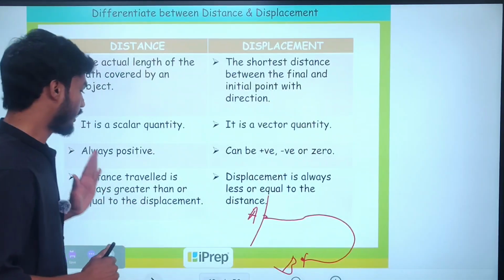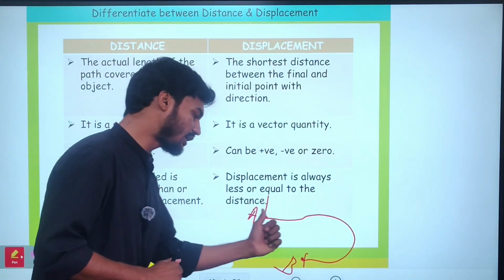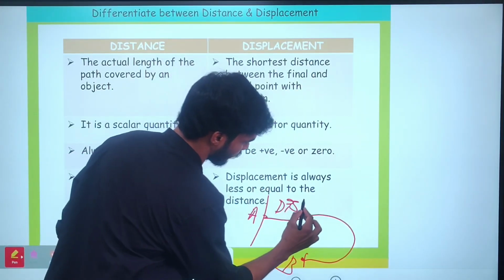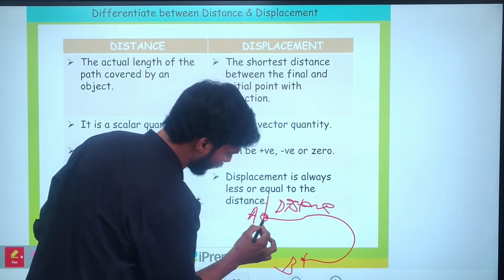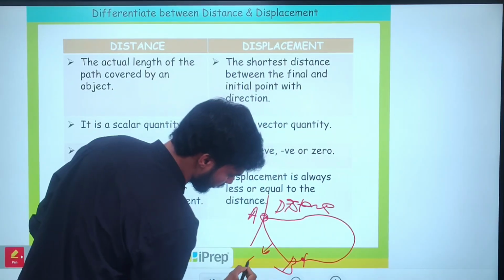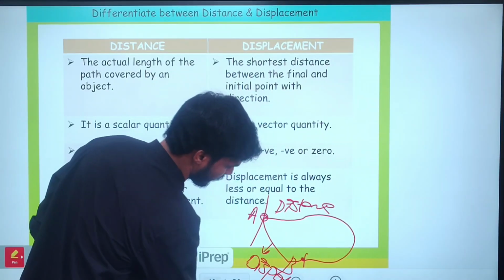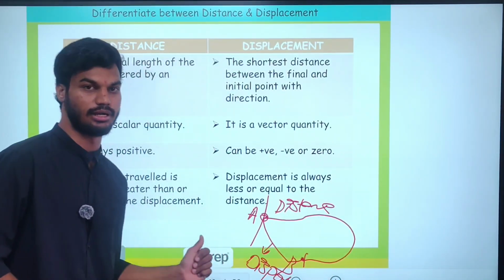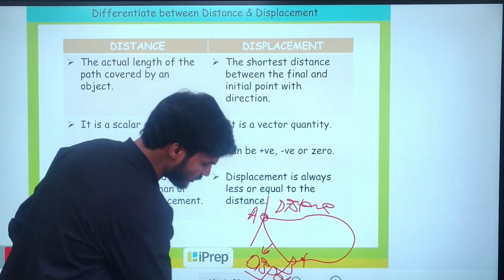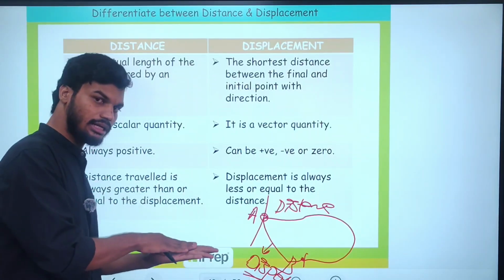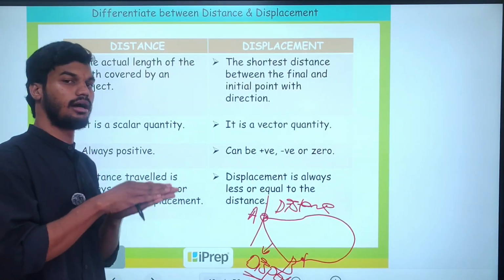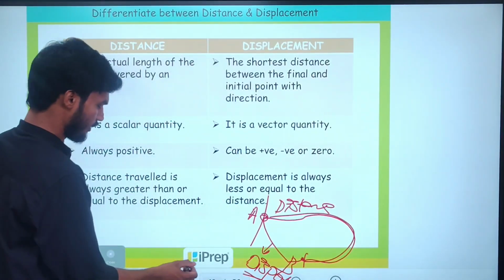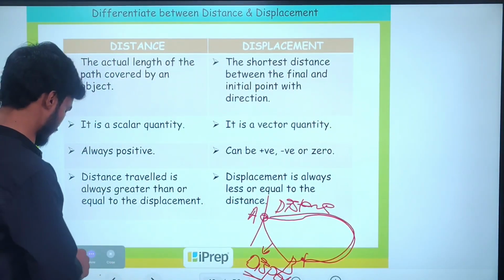This is the distance, and from point A to point B, it is the displacement. Distance is always greater than the displacement, and displacement is lesser than or equal to the distance. That is the difference between distance and displacement.